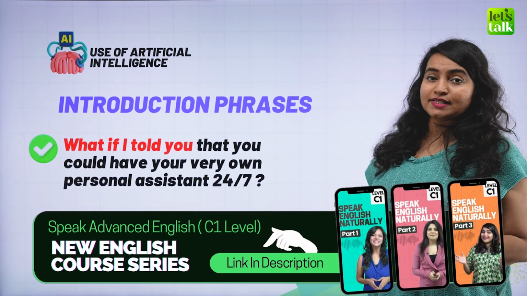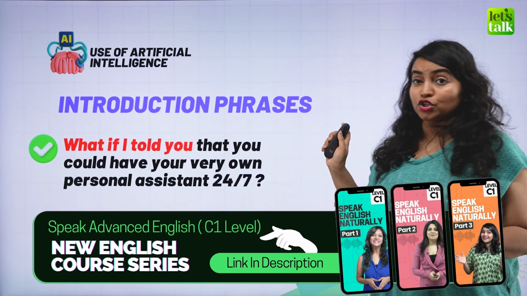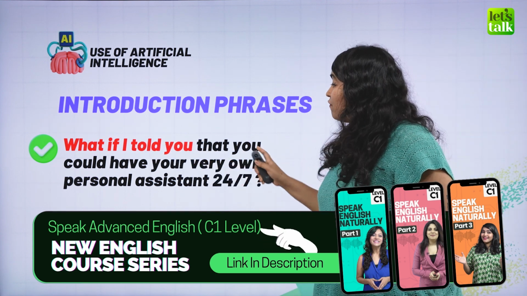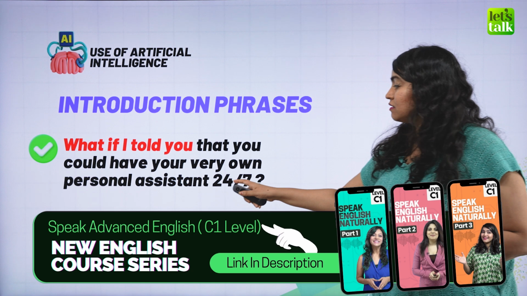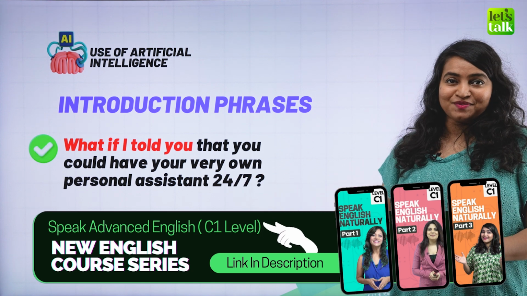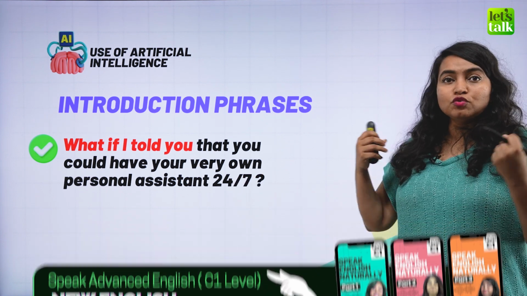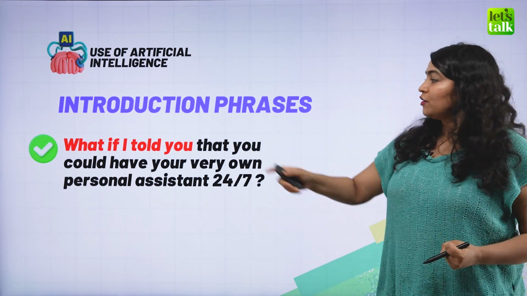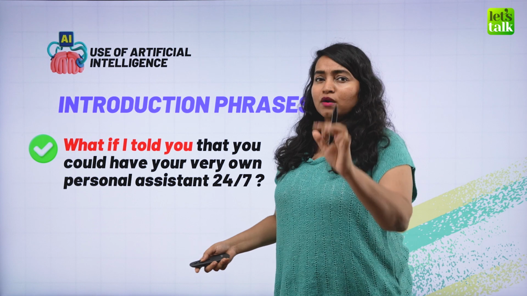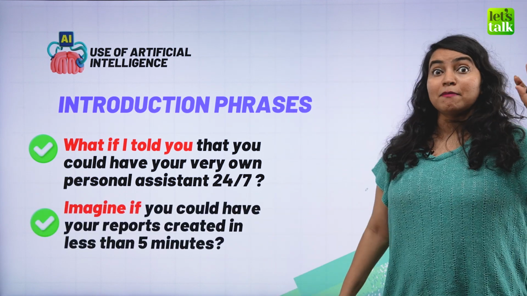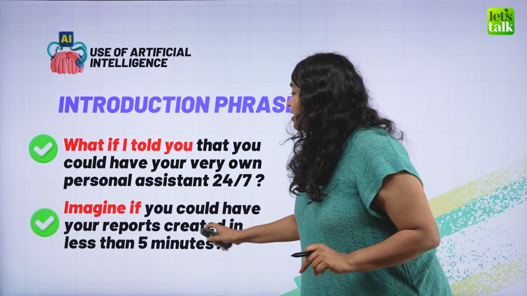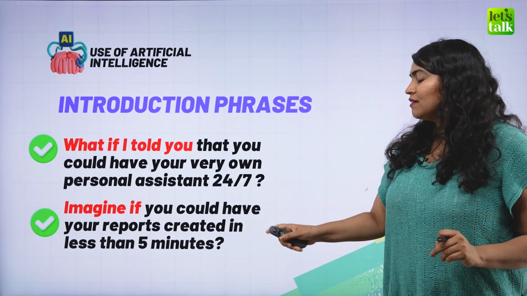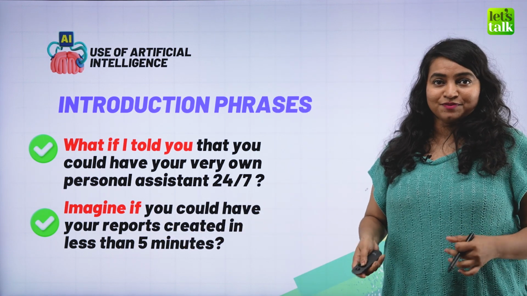So you can start by saying, what if I told you that you could have your very own personal assistant 24/7, right? So you have to use a gripping introduction which will catch people's attention. You started by saying, what if I told you? Or you could say, imagine if you could have your reports created in less than 5 minutes, right?